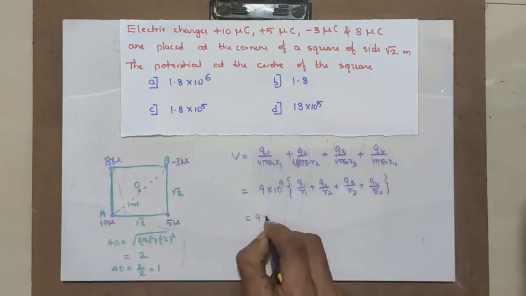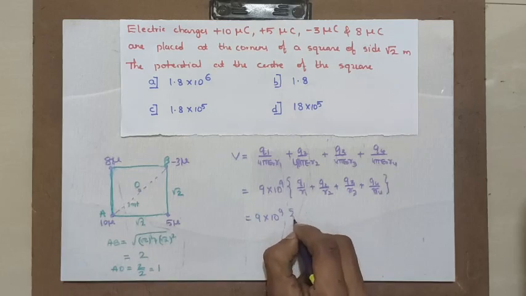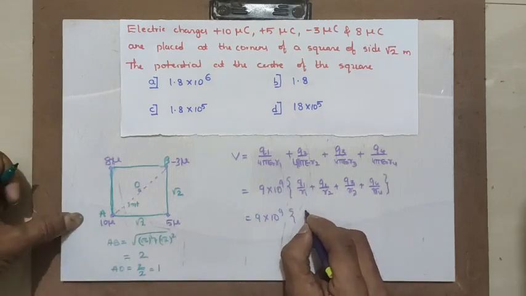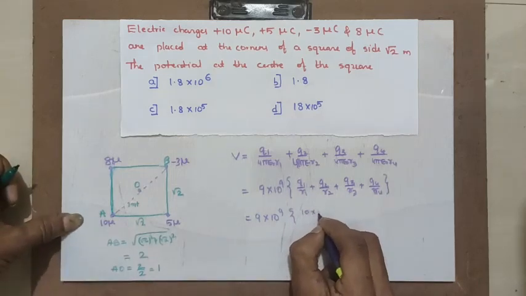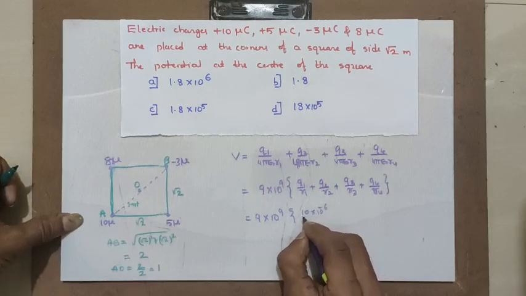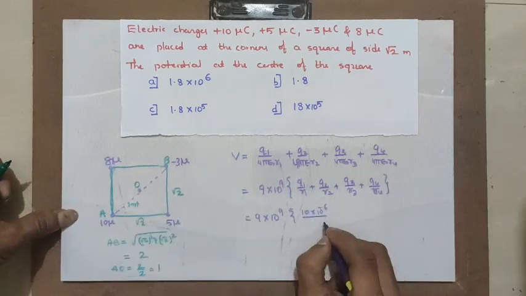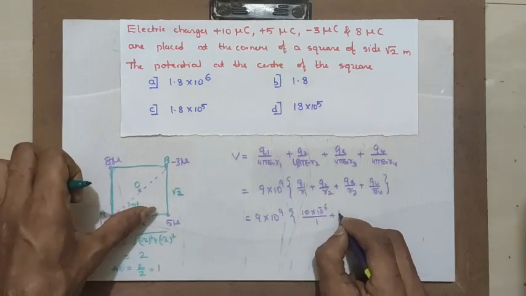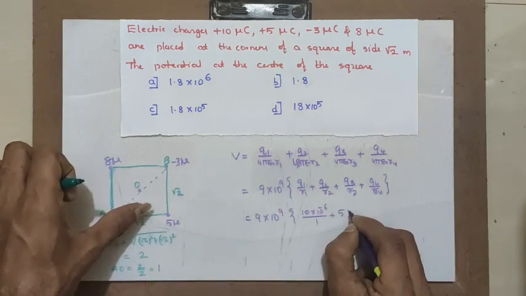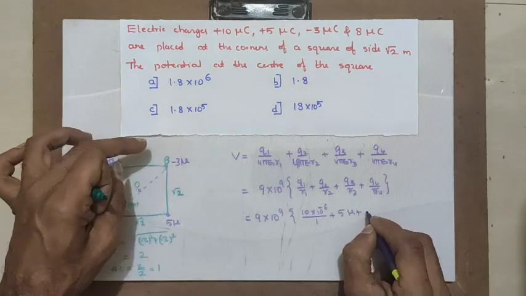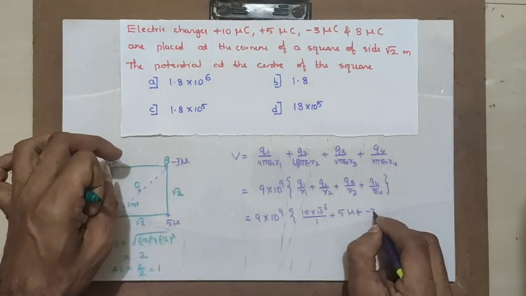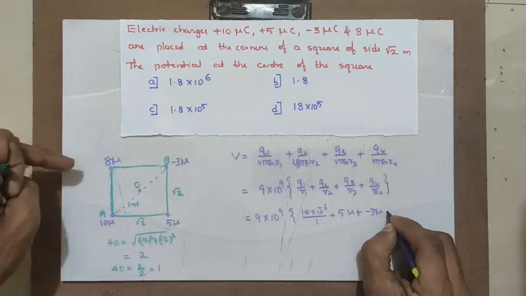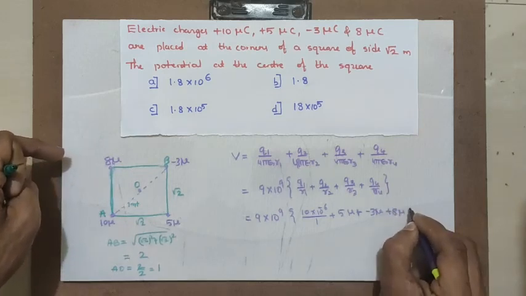Now 9 into 10 raised to 9, times Q1 which is 10 micro, 10 into 10 raised to minus 6, by R1 which is the distance 1 meter, the same for all, plus Q2 which is 5 micro, plus Q3 minus 3 micro, plus 8 micro.